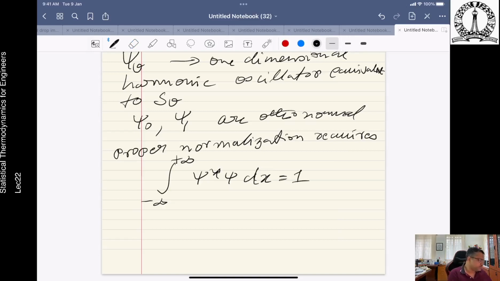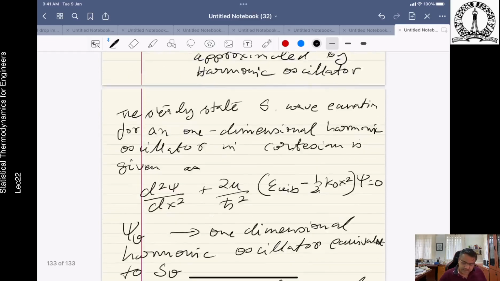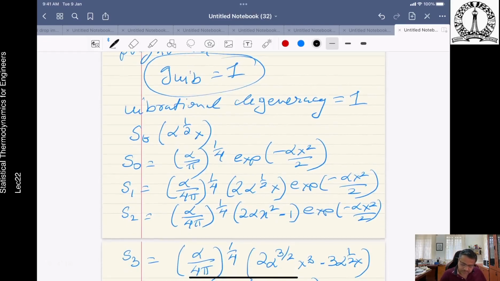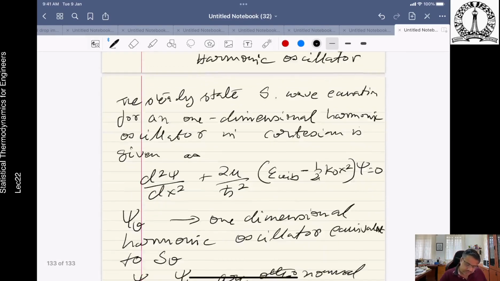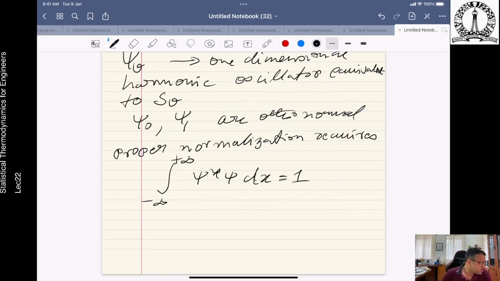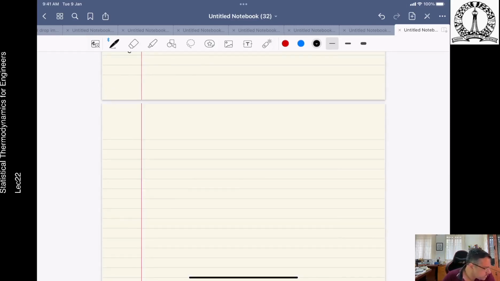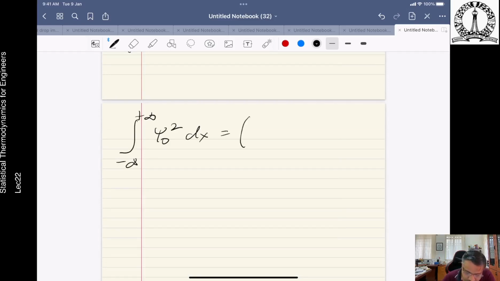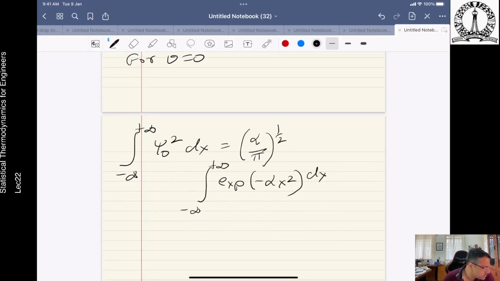If you just look at these numbers that we just pulled out, for v equal to 0, the integral of psi naught squared dx is equal to alpha divided by pi to the power of half, times the integral from minus infinity to plus infinity of exponential of minus alpha x squared dx.